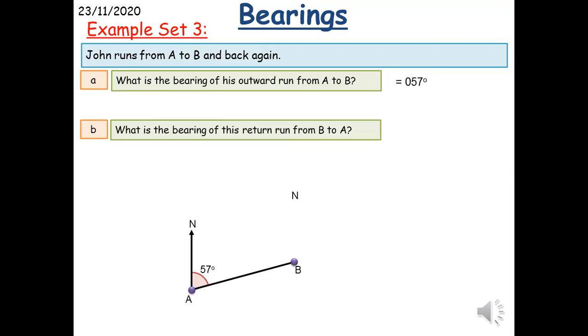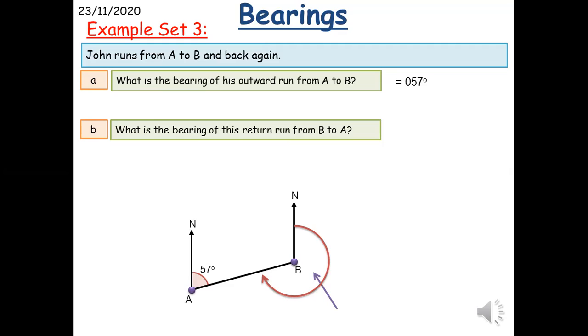Okay, now what is the bearing of the return run from B? From B, it means I will draw the line of north at B and measure the clockwise angle. Oh, this one is a reflex angle, which is more than 180 degrees. So we said when I have an angle which is more than 180 degrees, I'll do the trick of 360 minus the anti-clockwise angle.